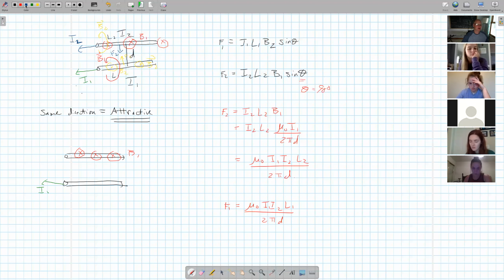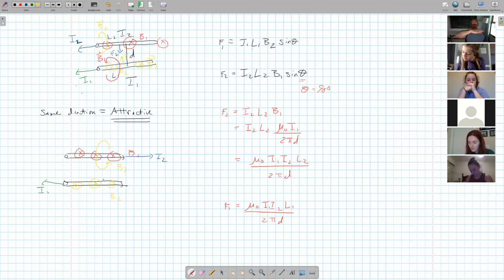Now let's take the opposite case. Let's take I2 going in this direction. If I2 is going in this direction, what does this mean? Now I put my thumb in this direction, my current would rotate in this direction, which means our magnetic field now goes this way. So this is now B2, which means B2 is now into the page anywhere along wire 1.